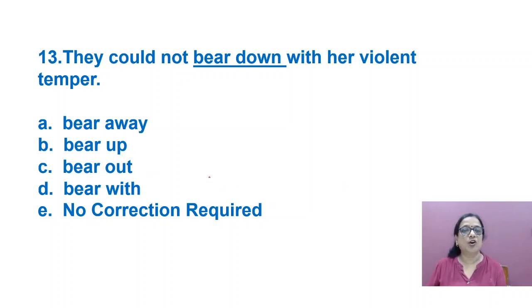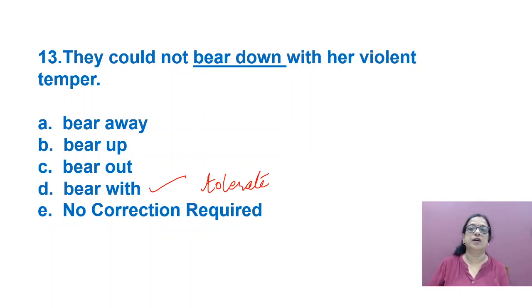So the correct option will be bear with, meaning to tolerate. They could not bear with her violent temper. So actually this is not correct; it should be with. That means to tolerate. That is, they could not tolerate her violent temper.